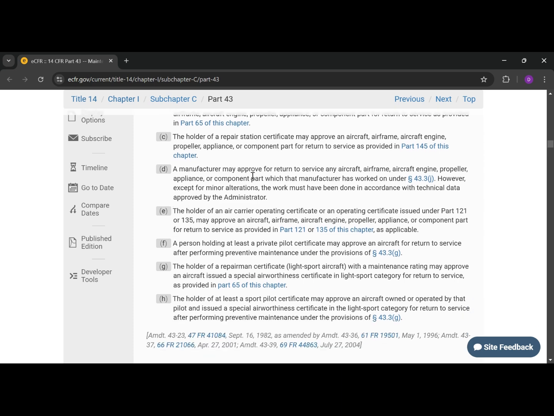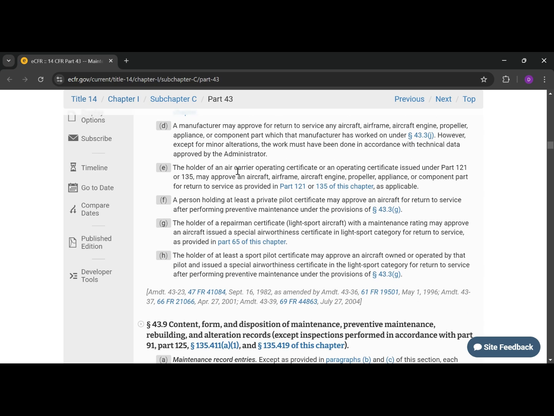A manufacturer may approve for return to service any aircraft, airframe, aircraft engine, propeller, appliance, or component part which that manufacturer has worked on under 43.3(j). However, except for minor alterations, the work must have been done in accordance with technical data approved by the administrator.